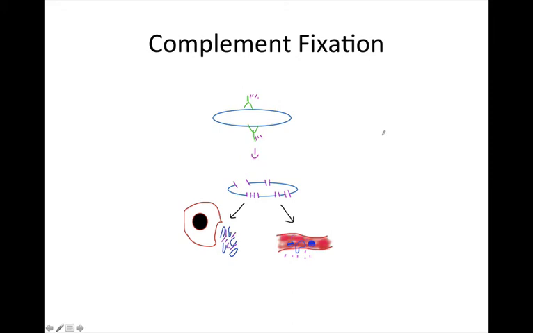The other main function that I really want to talk about is called complement fixation. In our blood right now, we have these plasma proteins called complement proteins, and right now they're in an inactive state.